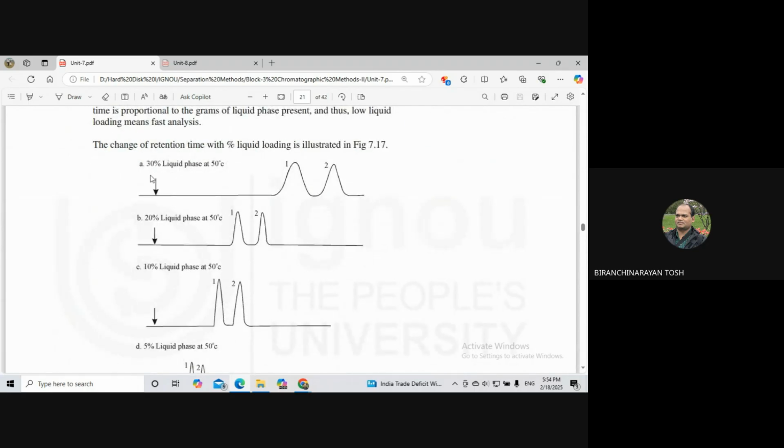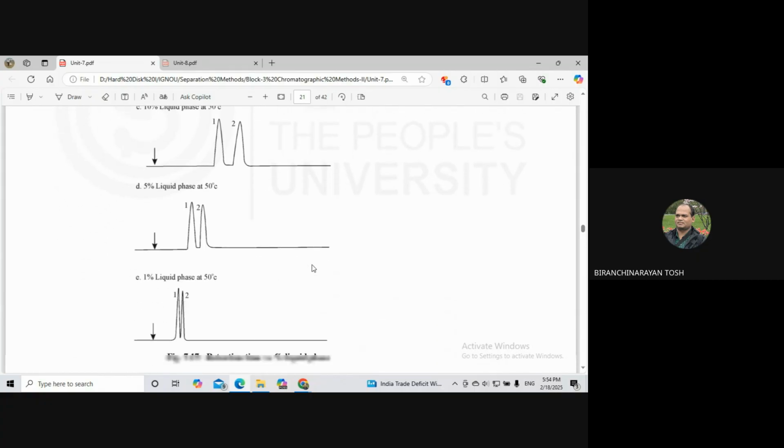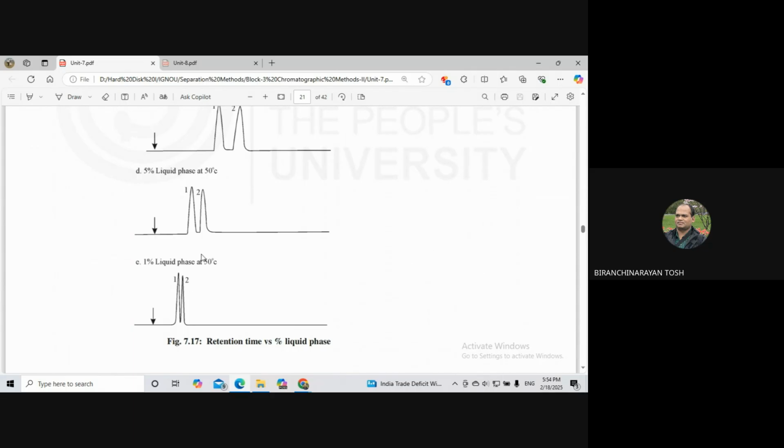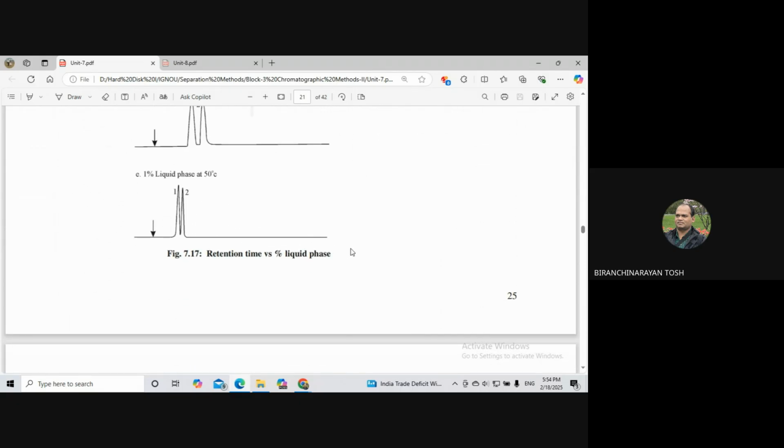You can see with 30% liquid phase at 50 degrees Celsius the retention time will be like this. At 20% and 10% it will just decrease, and at 5% you can see the separation is very narrow. At 10% it is very difficult to separate. Retention time decreases with a decrease in percentage liquid phase.